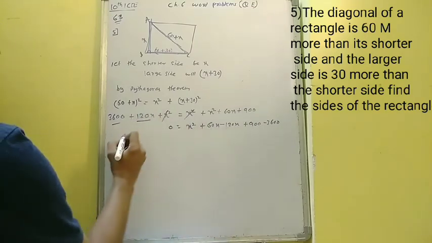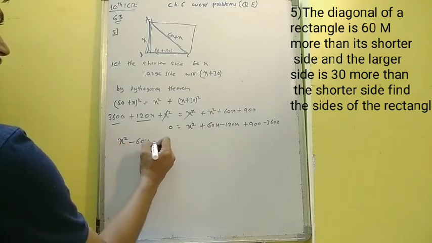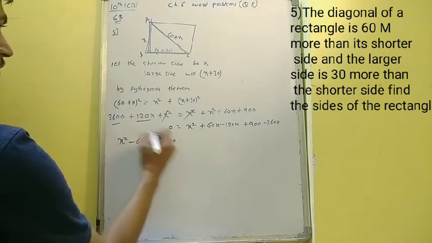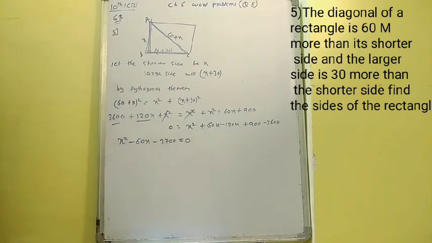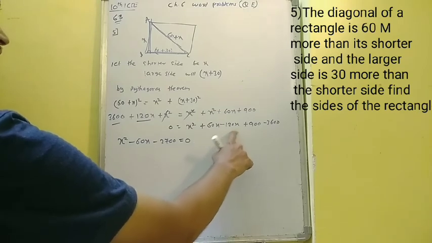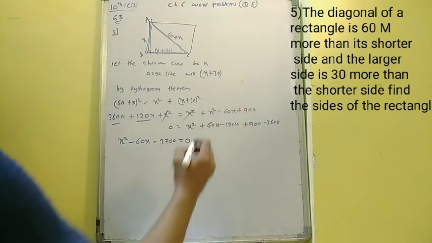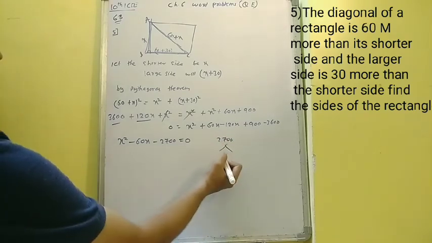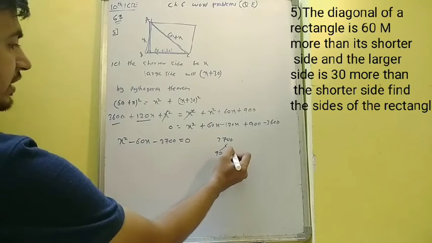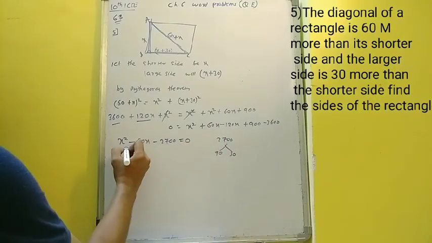Now we can write it as x square minus 60x minus 2700 is equal to 0. So I need to split 2700. So I think it is 90 30s. 9 3s are 27. Yes, it is 90 30s.